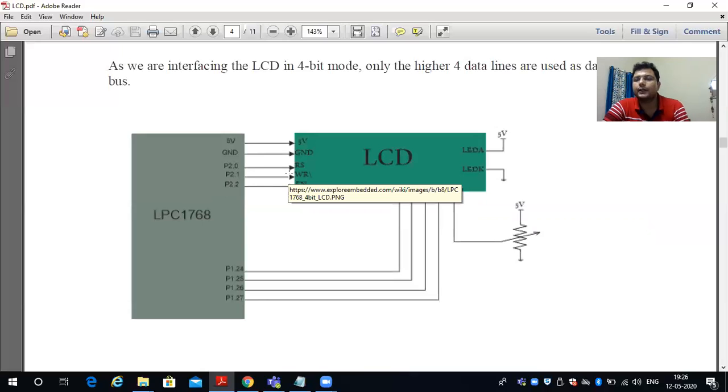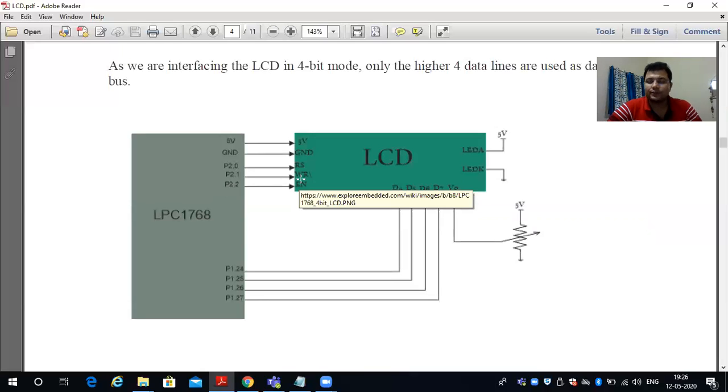So instead of using any explicit port and pin for connecting it, we can directly ground it, which we will definitely do later in our program, because our interest is only in writing. We don't want to judge the status of the busy flag. Is there anything which we can read? That we are not interested in right now. So this read/write control line may go and connect to the ground signal.